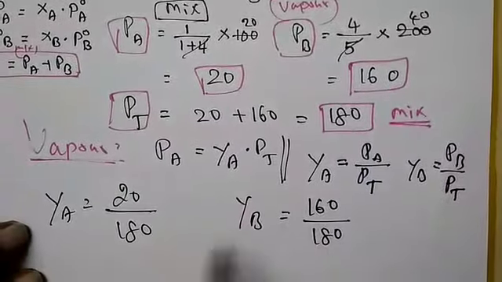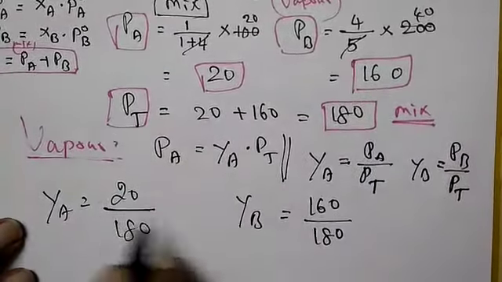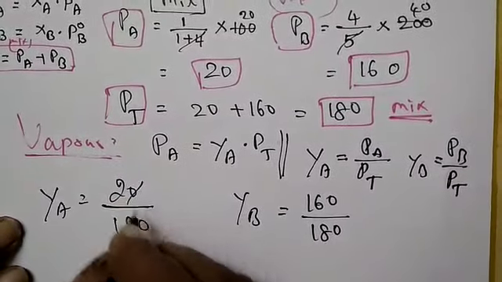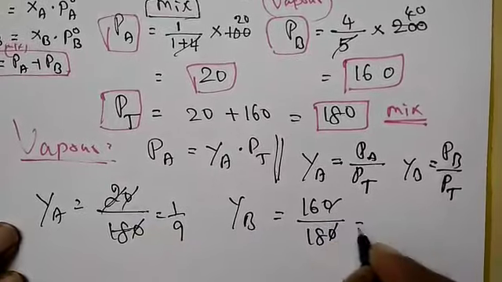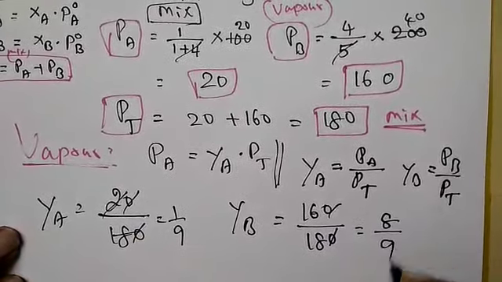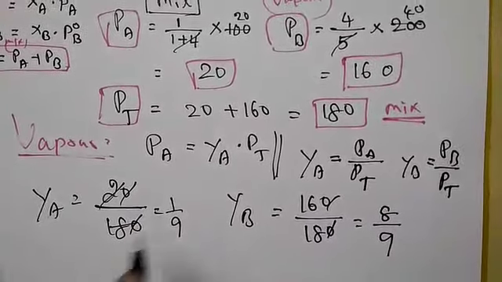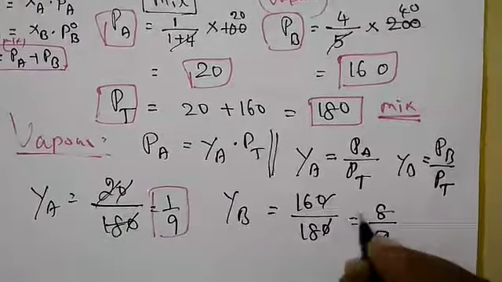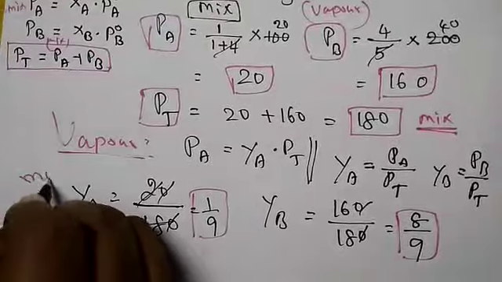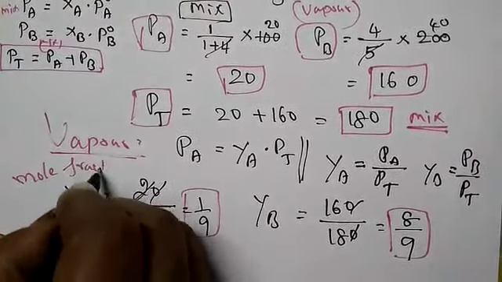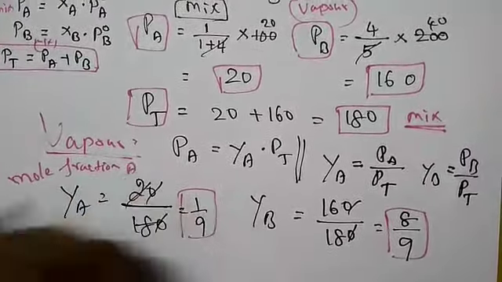On simplification you get YA and YB: this is 1 by 9 and this one is 8 by 9. These two are YA and YB, the mole fraction of A in vapor.